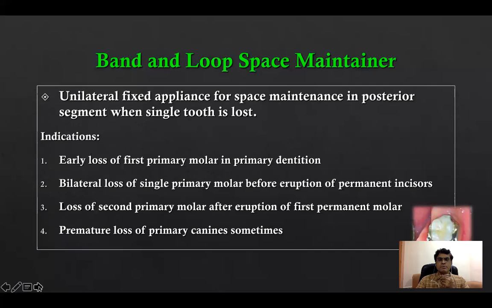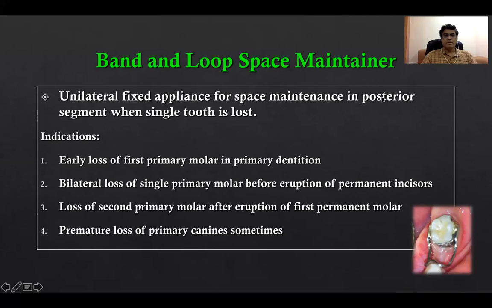Band and loop space maintainer is one of the most commonly used space maintainer among all the space maintainers. It is a fixed unilateral appliance for space maintenance in the posterior segment when single tooth is lost.